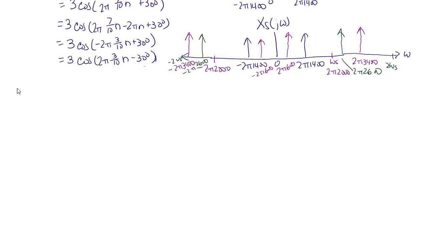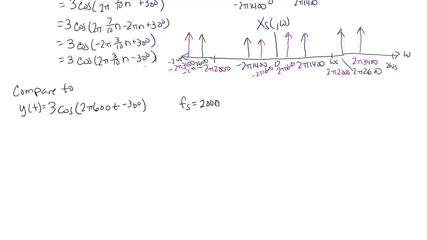Now remember, in the problem statement, we want to compare this to sampling y of t is equal to 3 cosine 2 pi 600t minus 30 degrees. Once again, we are sampling at 2000 hertz.